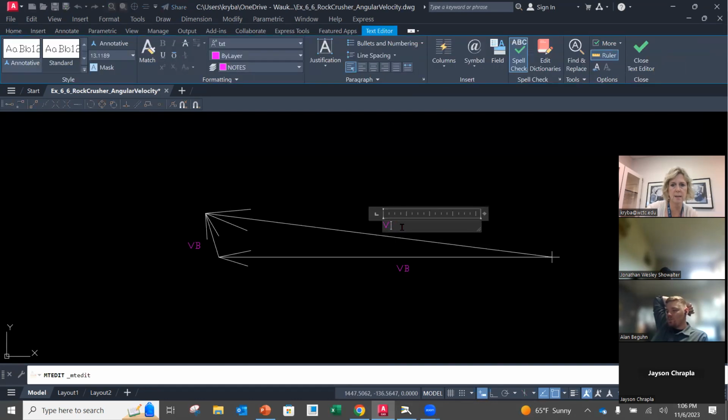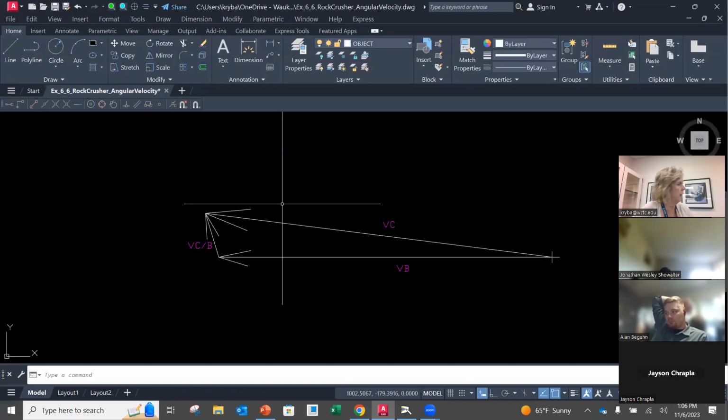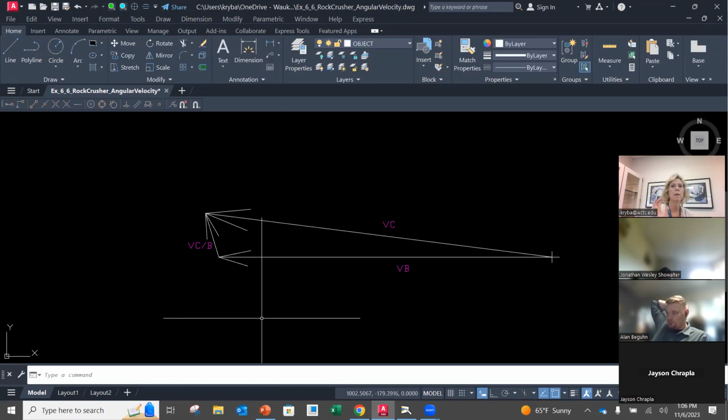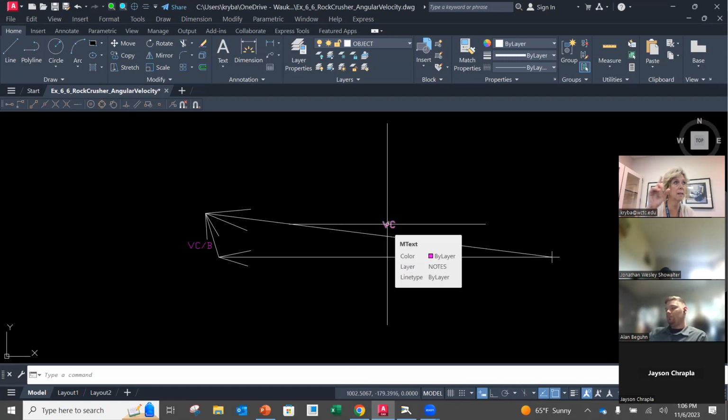This is the velocity of C. And this is the velocity of C relative to B. Okay, so make sure you have them labeled. We already know its direction based on our diagram. The only one that we need a magnitude on is the velocity of C, because I need that for the rotational speed of link number 4.